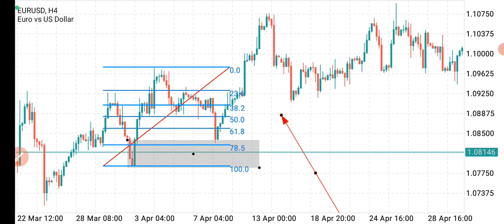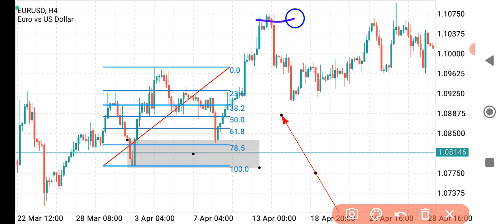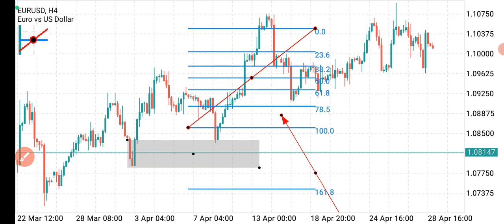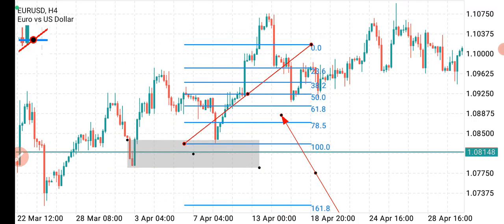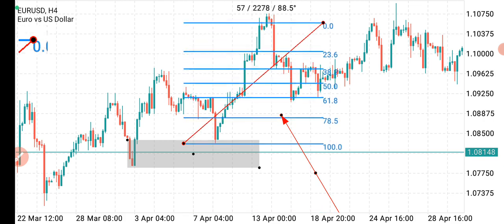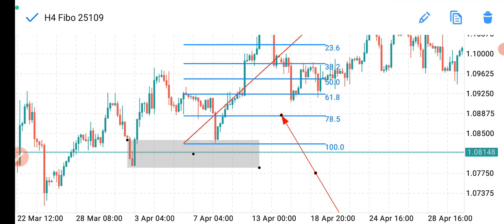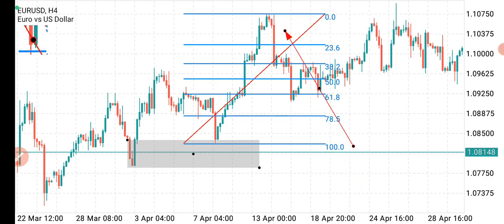So it keeps repeating the same thing. It comes here now, it makes a new high and a new low. So simple. You now move your Fibonacci to the new high, and then you see that here price returned all the way to the 61.8 level.